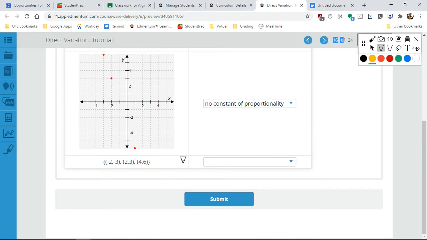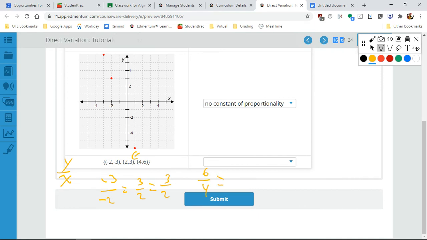All right, now we're going to do direct variation. So if this is direct variation, I'm going to do y divided by x, and they should all be the same. So -3 divided by -2, that's just 3 divided by 2. And if I do 3 divided by 2, well, obviously it's the same. And if I do 6 divided by 4, it doesn't look like it.